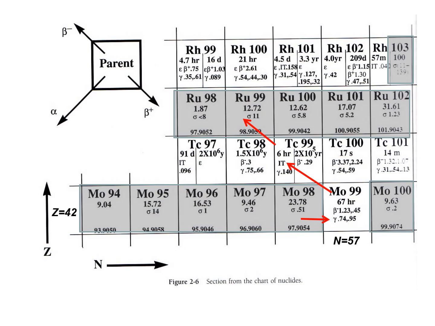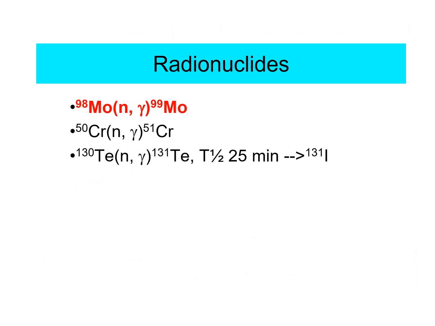This is the basis for the next discussion, which is the technetium-99m generator system. So radionuclides that are produced by neutron activation or neutron capture can be exemplified as molybdenum-98 to produce molybdenum-99, and there are also some other radionuclides that are produced using this method.